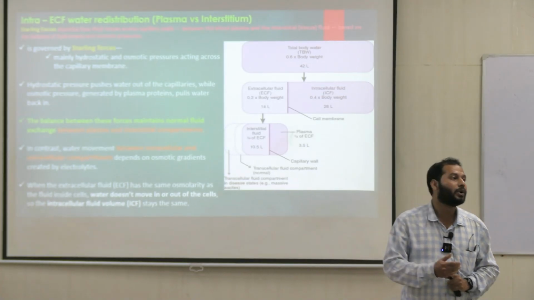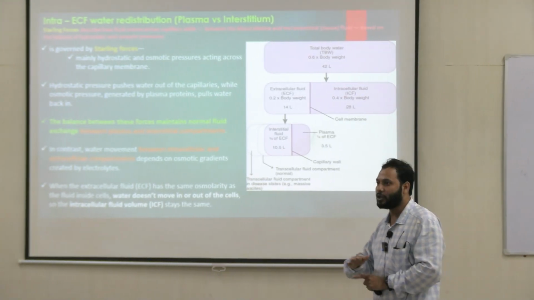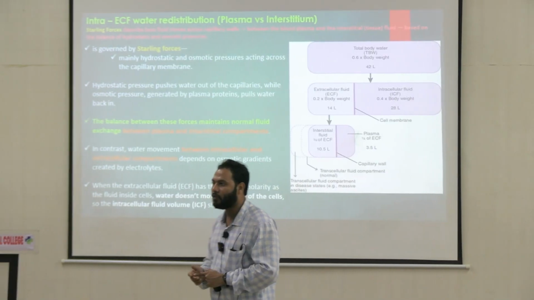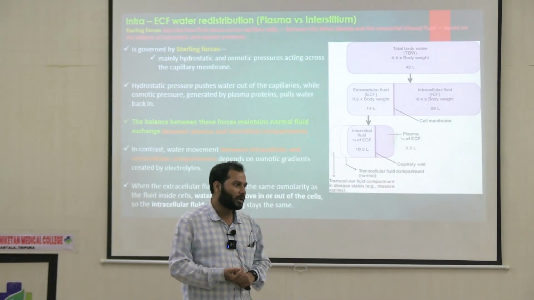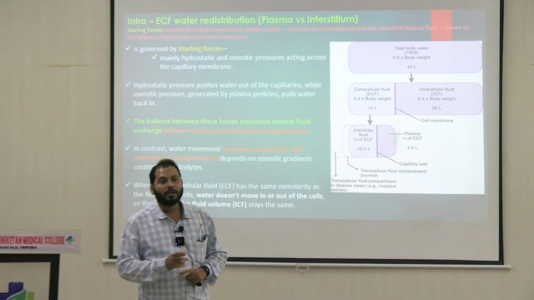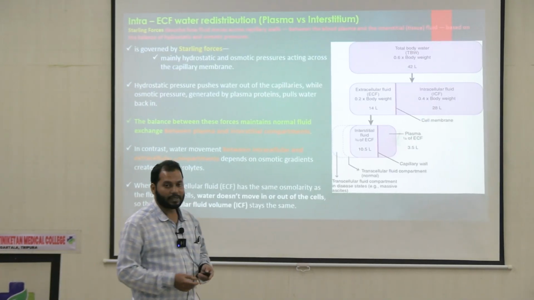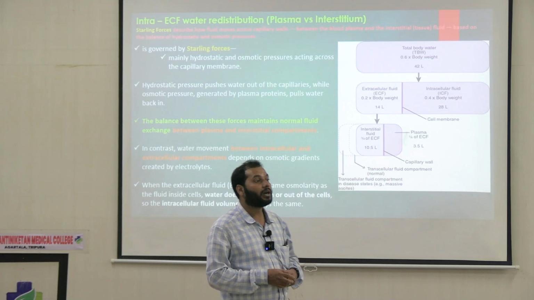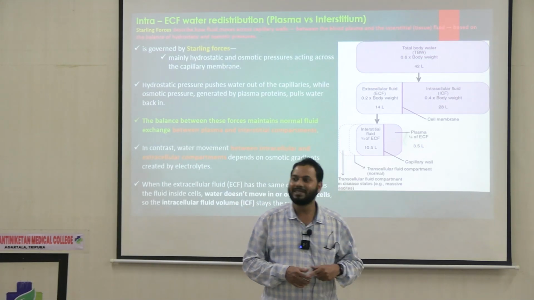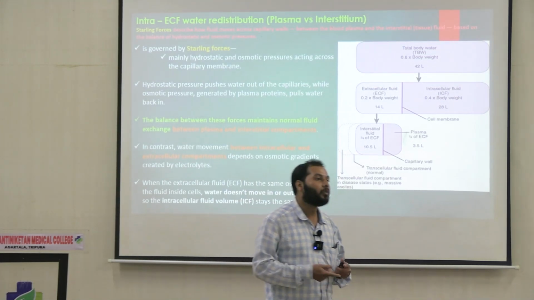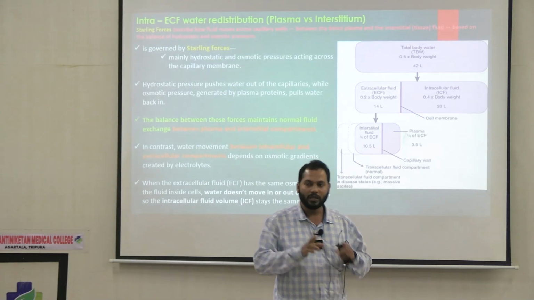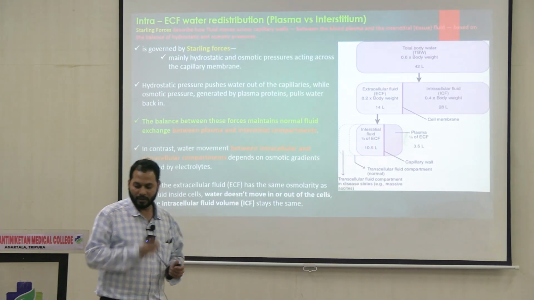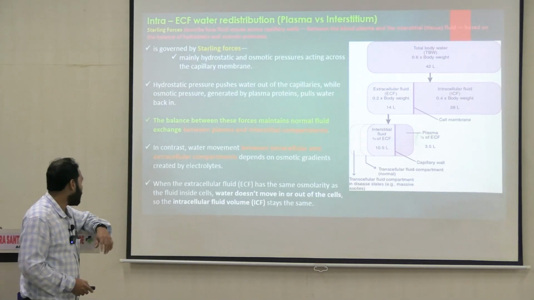And it will continue until it maintains equilibrium in both the interstitial fluid as well as the blood plasma. And another one is osmotic pressure. That osmotic pressure actually regulates or determines the movement as well as the magnitude of movement of the molecules. So these two mechanisms maintain the fluid balance in the interstitial fluid and the blood plasma.